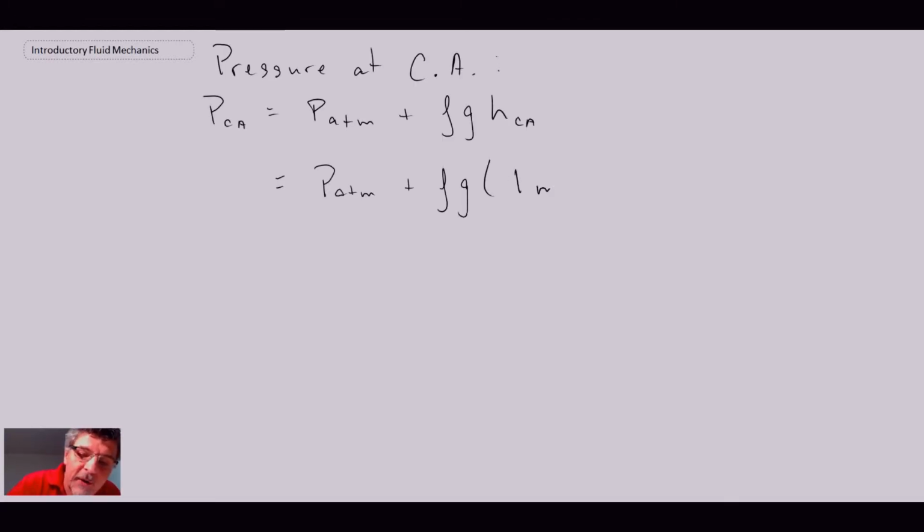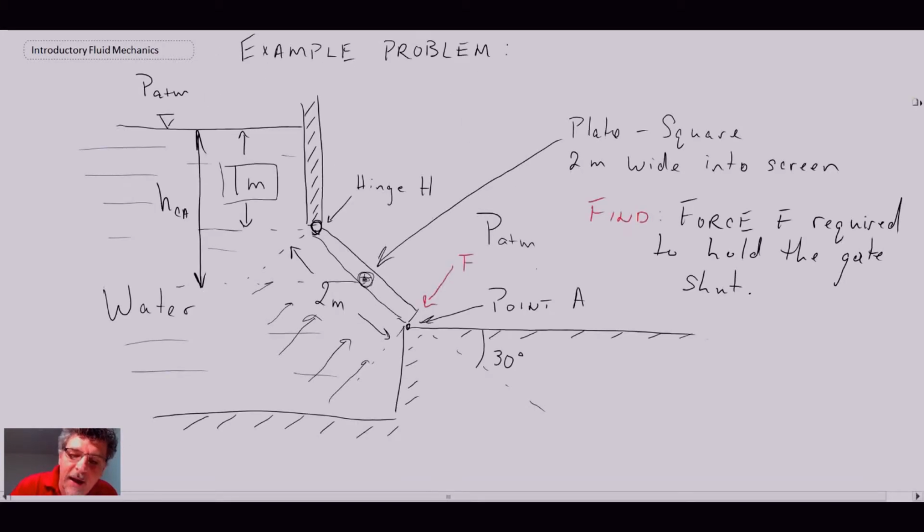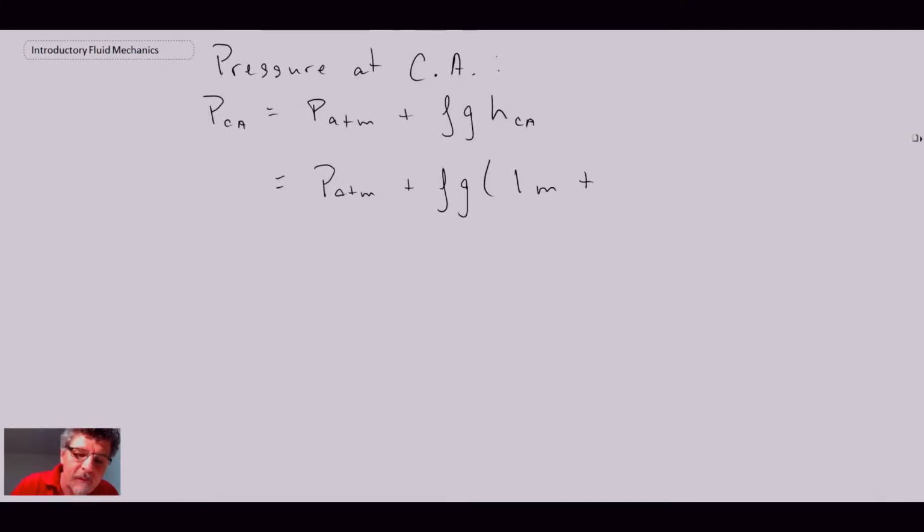We have the 1 meter plus, and now we're going to use some trigonometry. Looking back, we have the angle here. We know that that's 30 degrees, so we can apply trigonometry and figure out what this distance is here. And that turns out to be 2 sine 30.